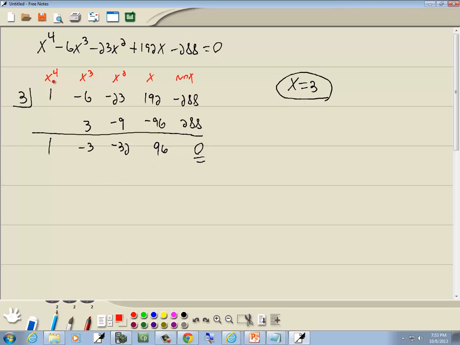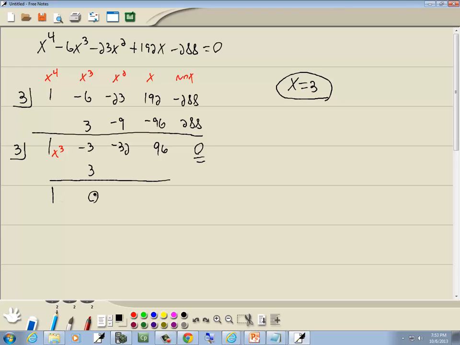Now each answer we find takes it down one more degree. This went from x to the fourth, we're now down to x to the third. Since this is the only answer we got from our calculator, it probably repeats, especially since it touches at a point. That's usually what that means. So we're going to try 3 again. If we come up with a remainder of 0, then that means x equals 3 is our second answer also. Okay, so I'm going to add, multiply, 3 times 1 is 3.